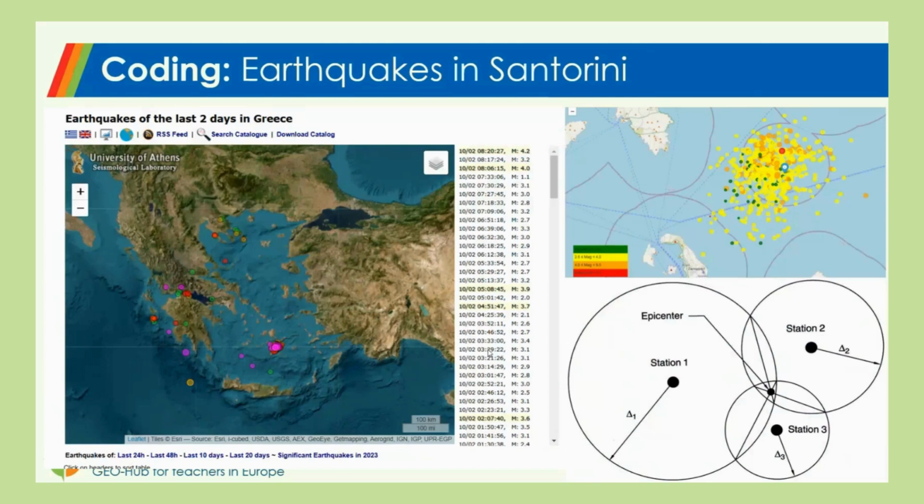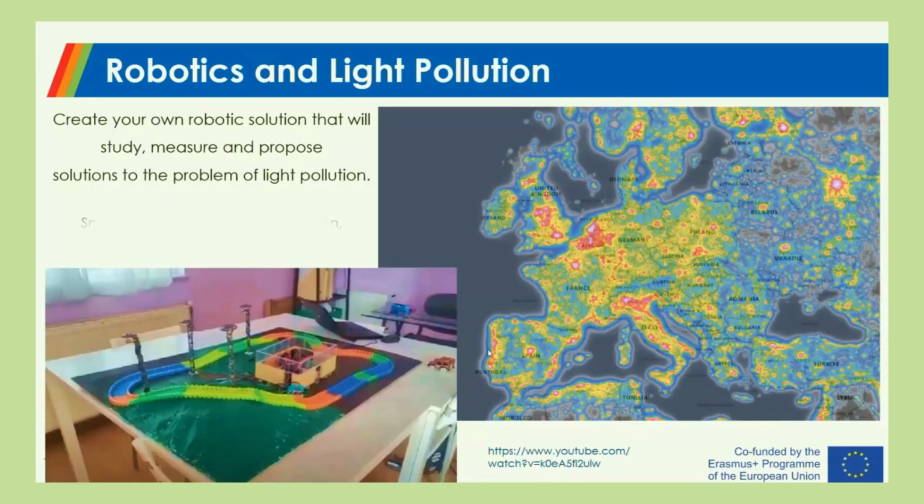In Santorini, we also have one of the biggest volcanoes in the Mediterranean, and we prepared an activity for our students on how they can download earthquake data from the University of Athens Seismological Laboratory, and with a few lines of code generated using ChatGPT, create this visualization you see here in the top right corner with different earthquakes, their magnitude, and of course the legend, or even how to identify the epicenters of those earthquakes.